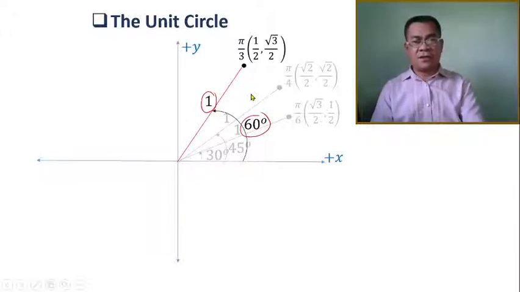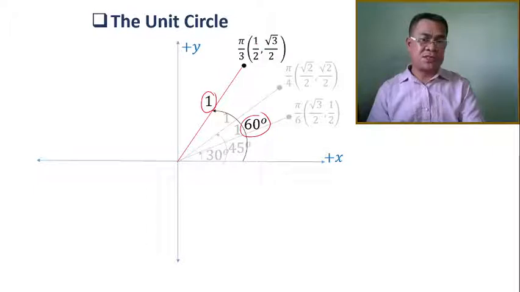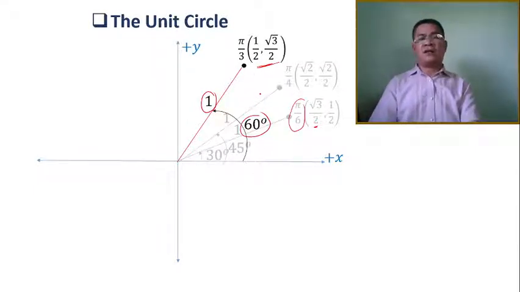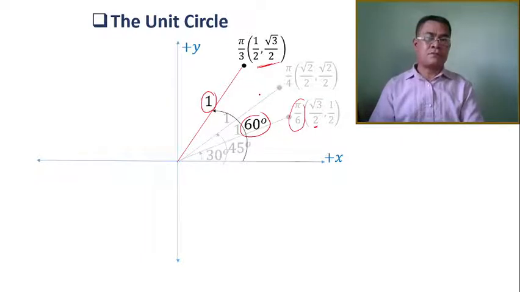Remember that 60 degrees is pi over 3. You have to memorize these values. For 30 degrees, or pi over 6, we have square root of 3 over 2 and 1 half, so it is actually the reverse. The components of pi over 6 are the reverse of the components of 60 degrees, or pi over 3 radians.